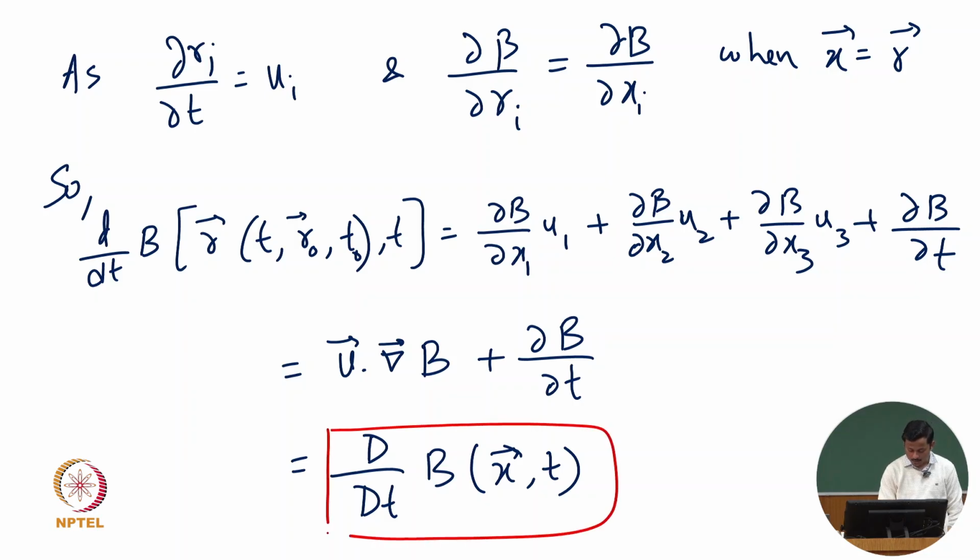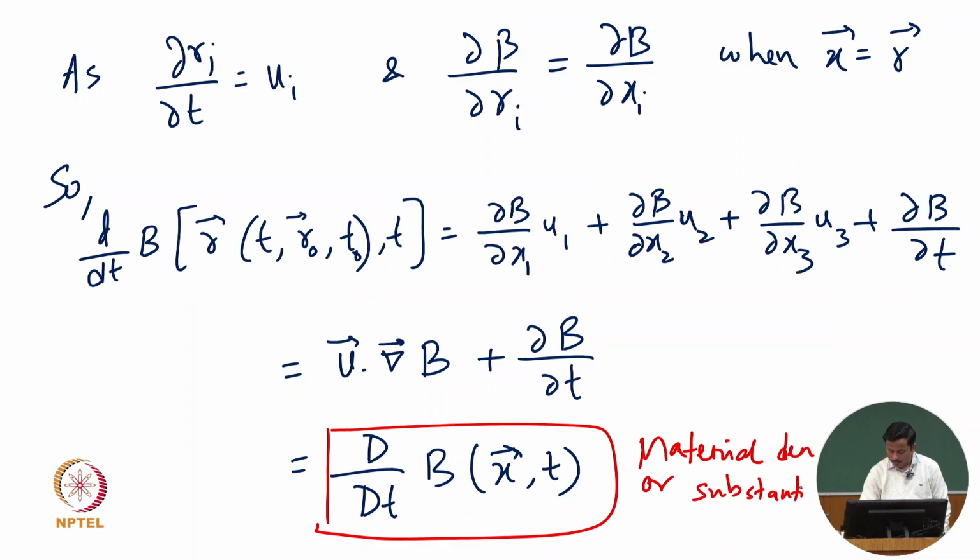So this is called the total time derivative in the Eulerian description. This is also called the material derivative, or the substantial derivative.